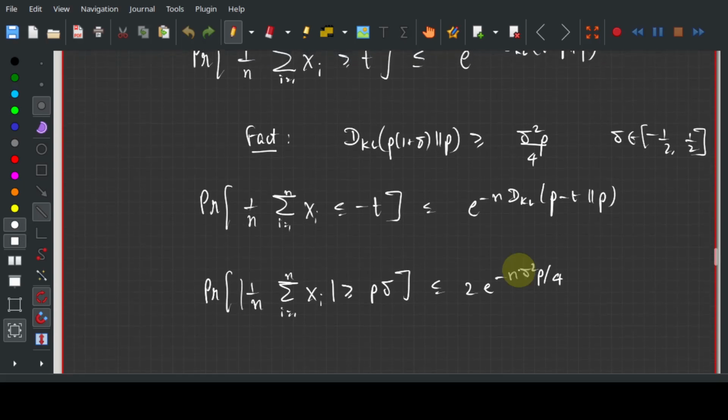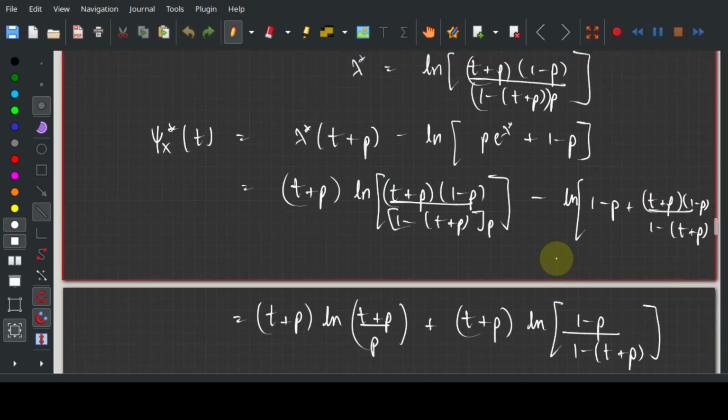But the common feature between the Bernoulli random variable and the Gaussian random variable is that the dependence on t is e to the minus t square, right? In this case, probability that x is greater than or equal to delta is less than or equal to some constant e to the minus some constant times delta square.